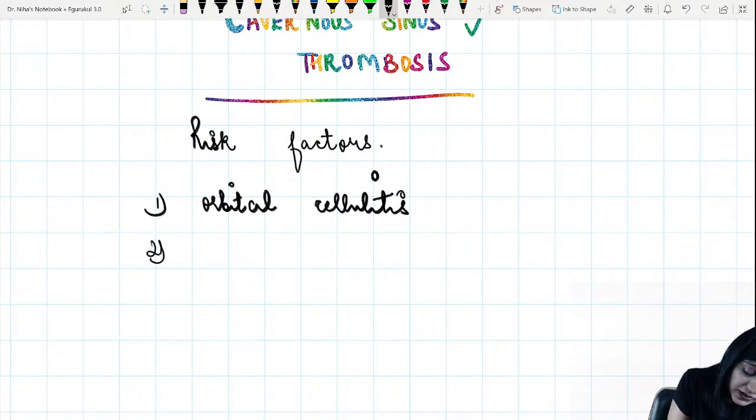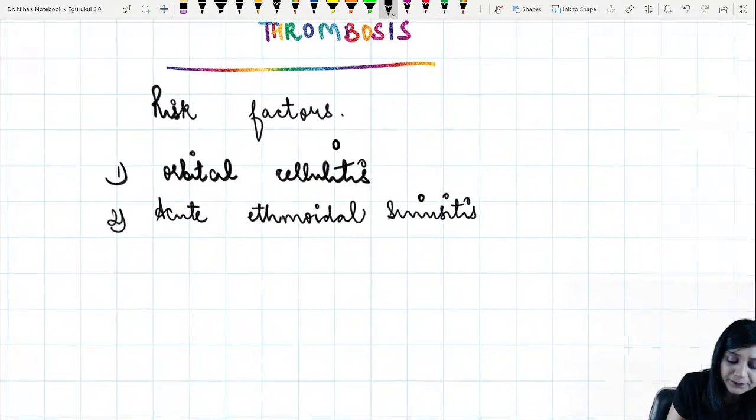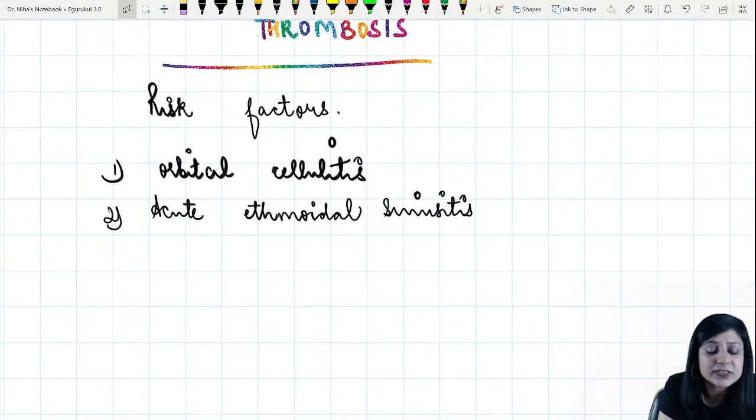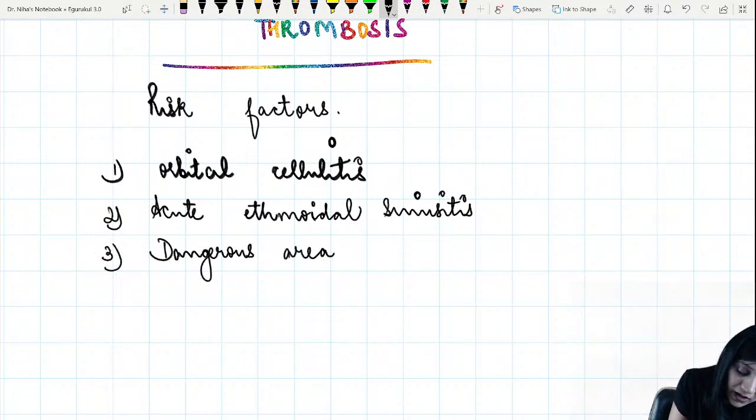Number 2, we can have acute ethmoidal sinusitis. That child can also go into cavernous sinus thrombosis. And number 3, we can have infection in the dangerous area of the face.